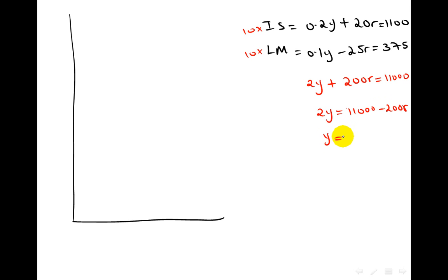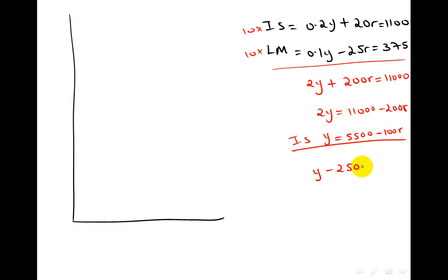Y will give you 5,500 minus 100r. Okay, so this is our IS that will be graphed, and do the same thing here for the LM. Everything multiplied by 10, you'll have just 1y minus 250r equals to 3,750. Take this one to the other side. Y equals to 3,750 plus 250r. Good. So now this would be our LM schedule.